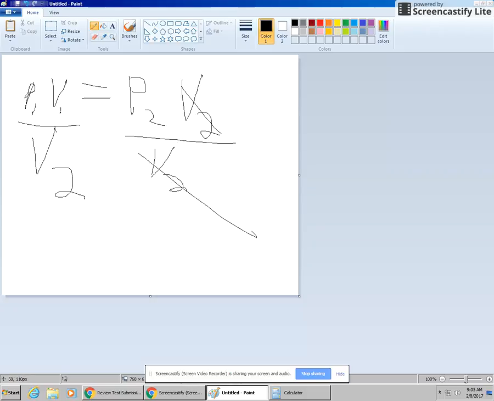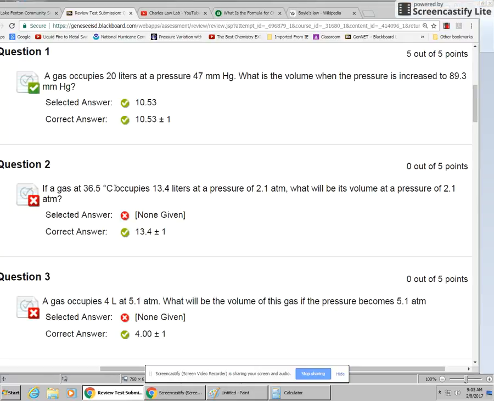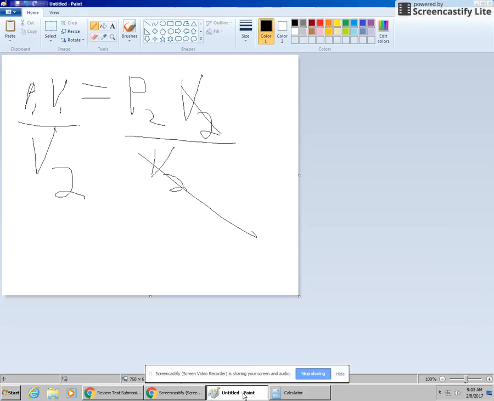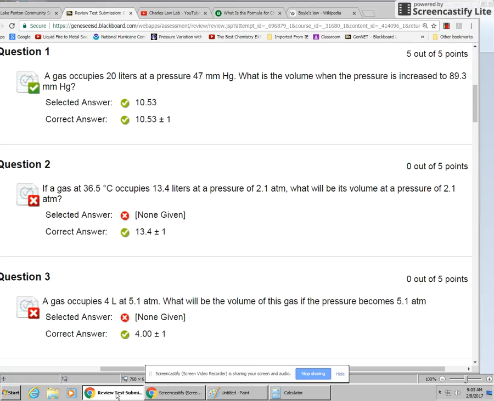So once again, it's second number times third number divided by fourth number for number 2, because this first number doesn't mean anything. But you've got 13.4, you've got volume, pressure, you're searching for the volume, and you're given a pressure. Oh, wait, so this is P2. What will be its volume?